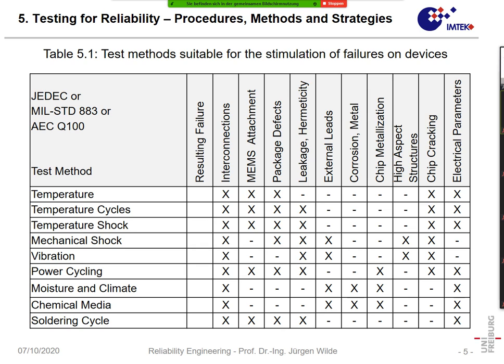Okay, so we can see we have temperatures, temperature cycles, temperature shock. So this already shows us this is a low frequency cycling, and that is a higher frequency cycling where we have temperature transitions just in the second range. We have mechanical shock, that means something is dropped. Or imagine we have electronics in an aircraft and the aircraft has a hard landing.